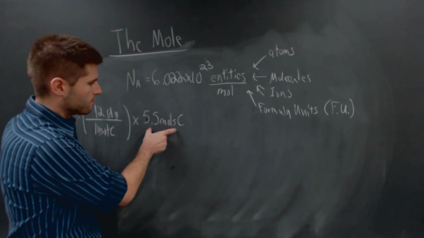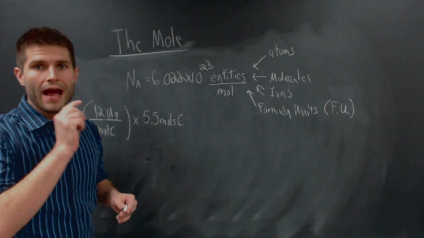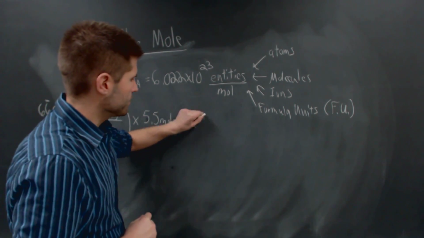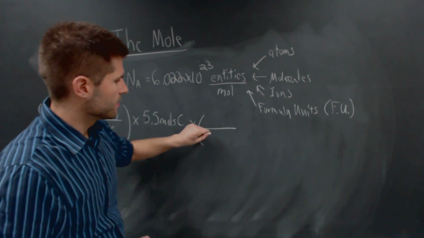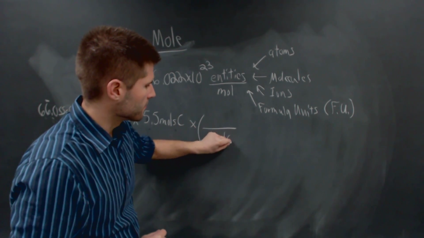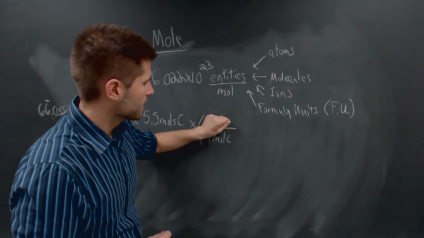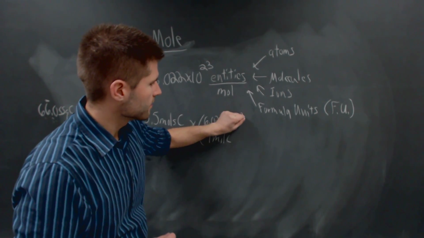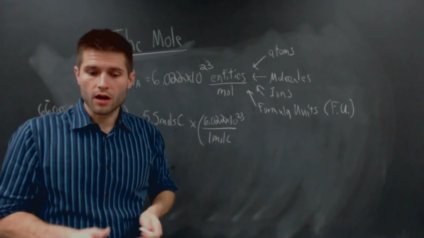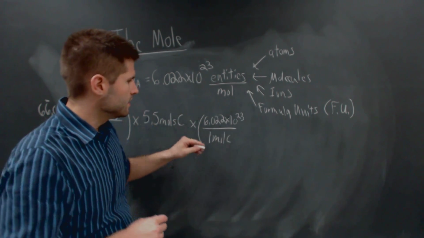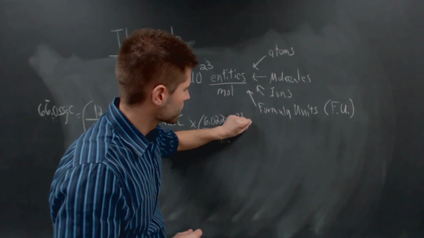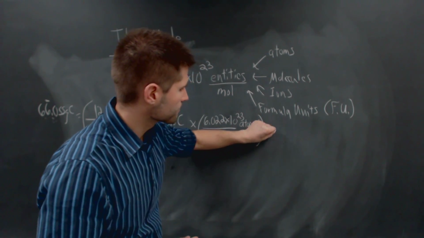Now, let's convert from moles of carbon into atoms of carbon. And we do this by multiplying by Avogadro's number. For every 1 mole of carbon, there are 6.022 times 10 to the 23rd, and in this case, we're talking about carbon, which we know comes in atoms. So this is going to be atoms of carbon.